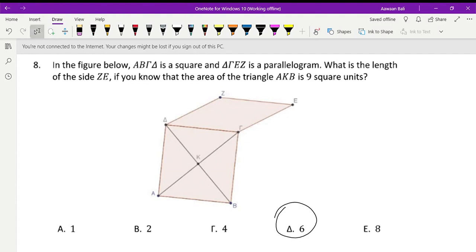Question number 8. In the figure below, alpha, beta, gamma, delta is a square. So it's basically saying this is a square, this is a parallelogram.